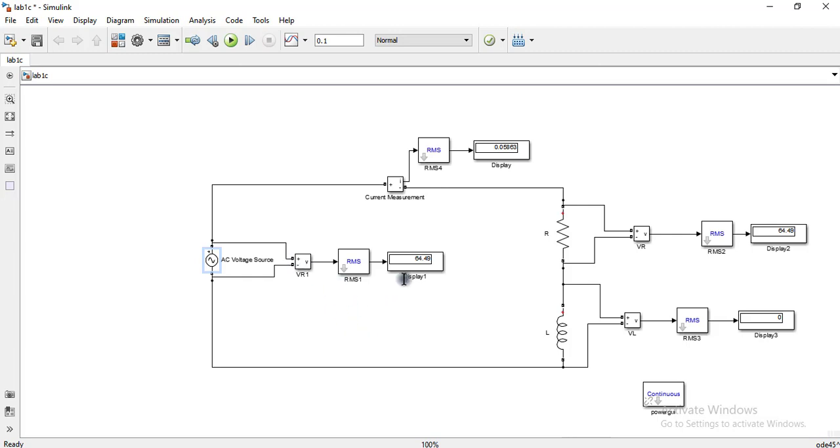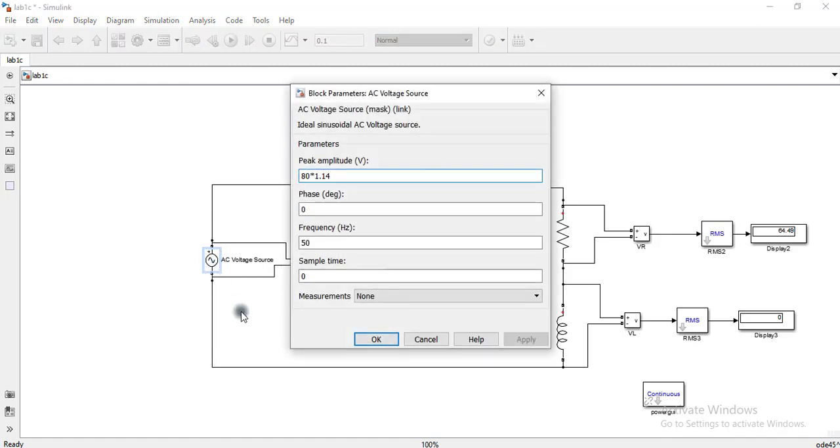Now you can see we are getting RMS values of 64, but the values I want to give in RMS is 80, so it means we are not giving a correct factor of multiplication here. So I think it's 1.41 instead of 1.14, so it is 1.415, or you can simply write square root of 2.